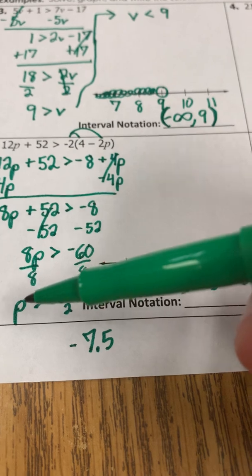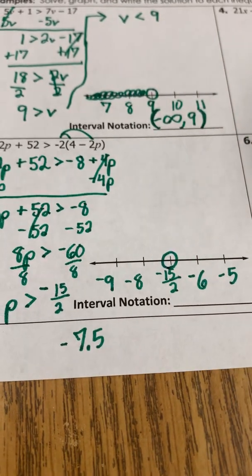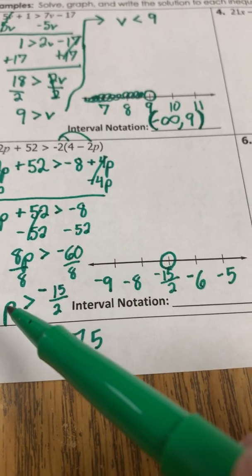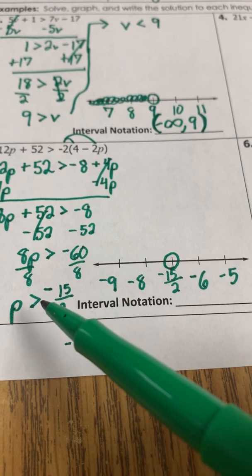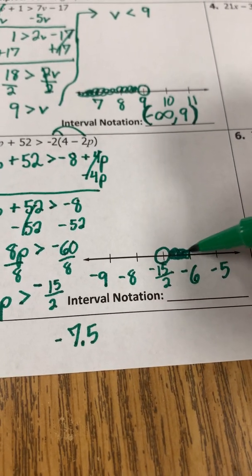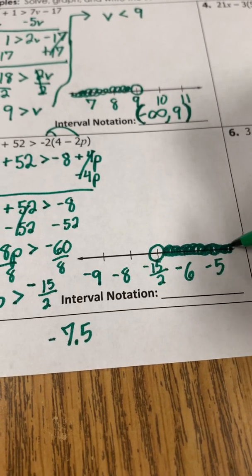When we show you this one, this is also an open circle. Okay, but this is read P is greater than negative 15 halves. So we're going to shade to the right. We're going to go for the numbers that are greater than negative 15 halves.